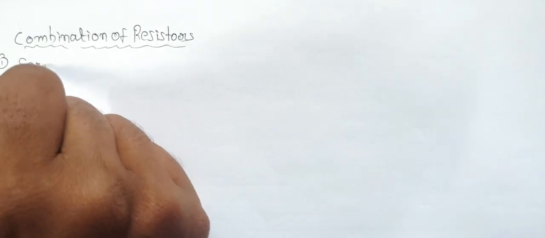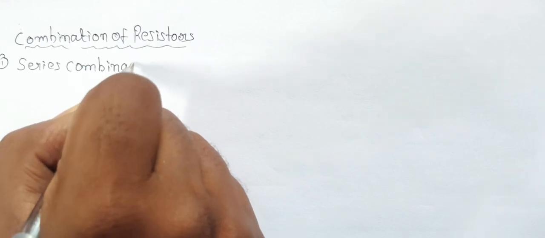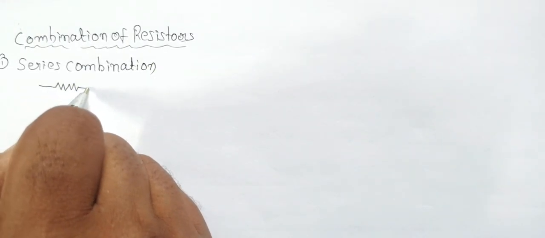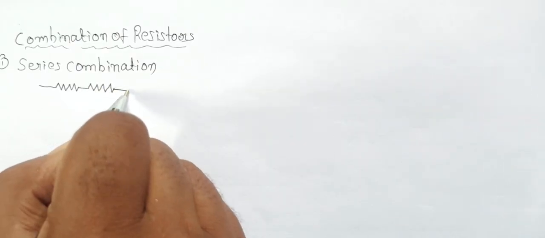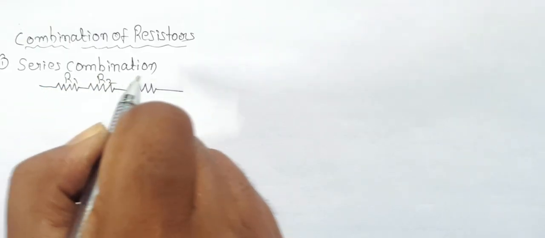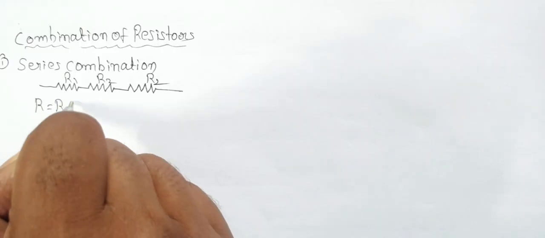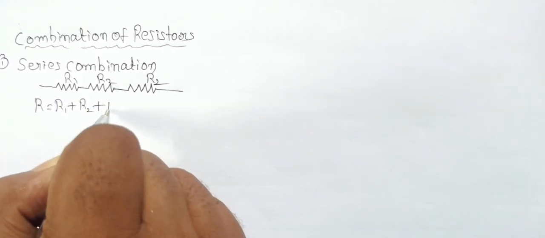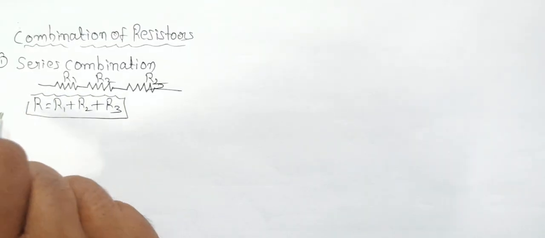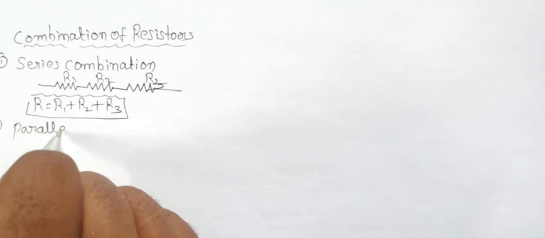First, series combination: we connect resistors in series like this, R1, R2, R3. Then the formula we get is R is equal to R1 plus R2 plus R3.